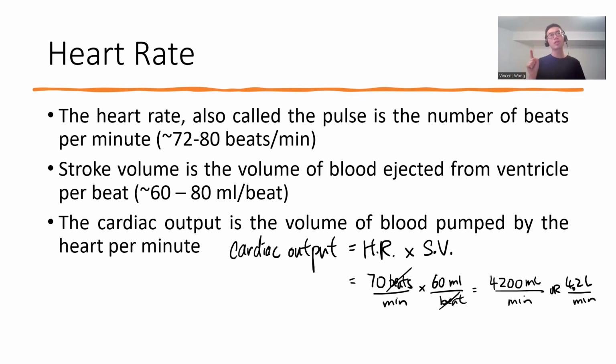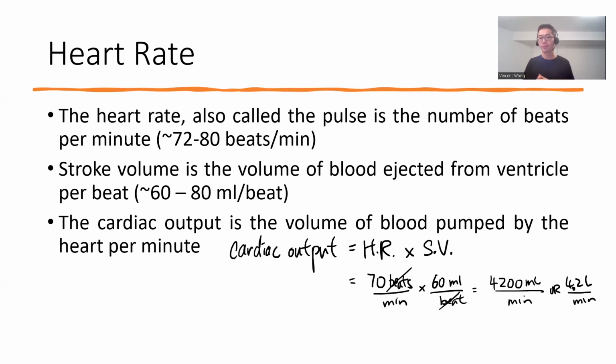But I want you to understand this is not a fixed number. Your cardiac output will change depending on what you're doing. If your heart rate goes up, then of course your cardiac output is going to go up as well. If your stroke volume changes, that's going to also change your cardiac output. So it's not a fixed number.